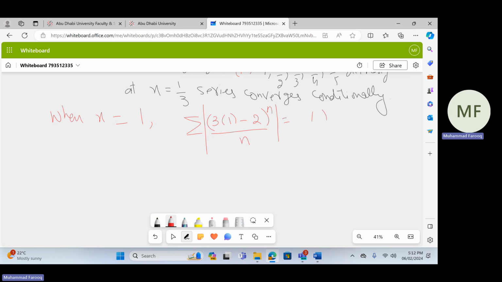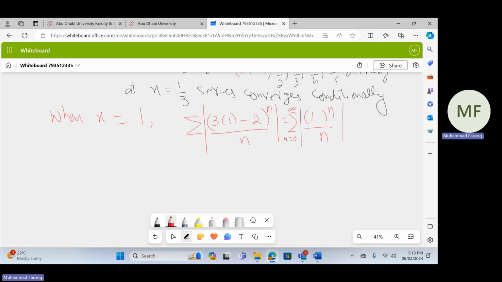Look at it now: 1 to the power n divided by n, with absolute value. Do you know what 1 to the power n is? It is 1.